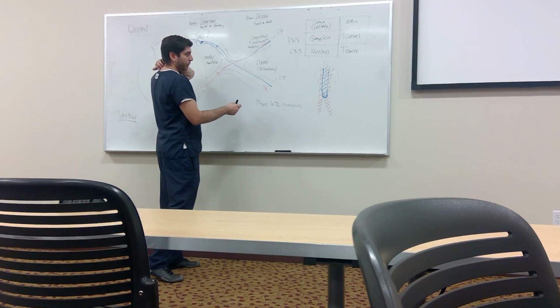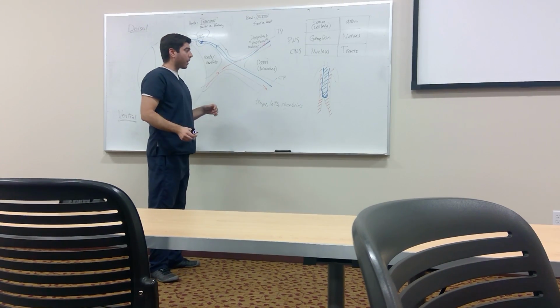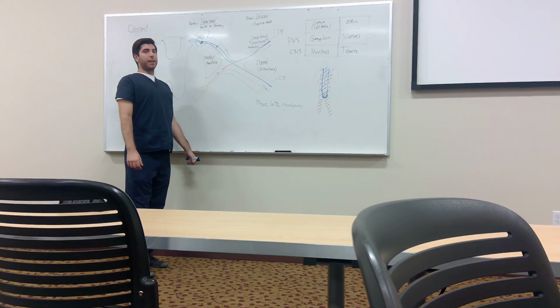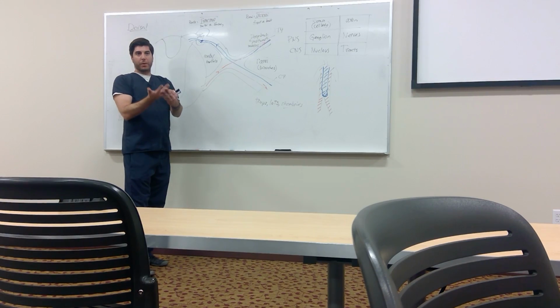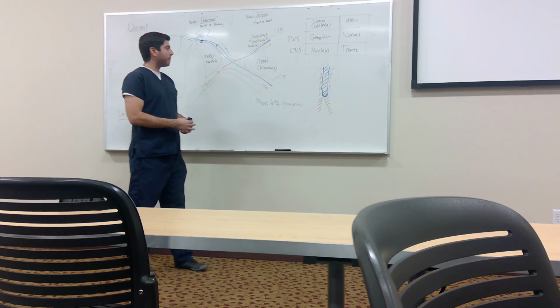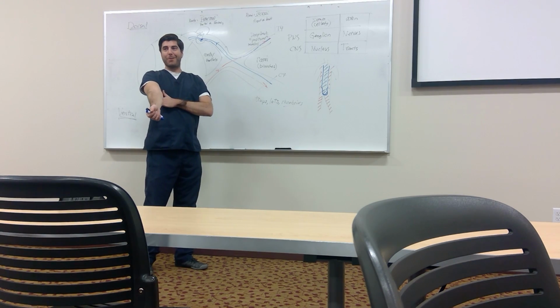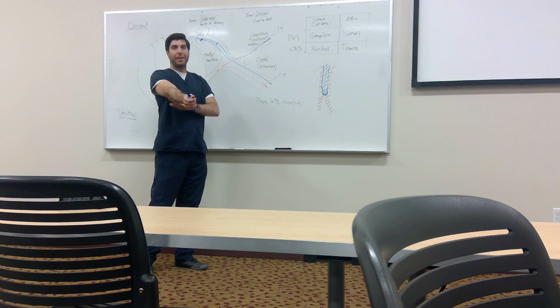We still have the dorsal, which would be here, but we don't have the ventral. But where does C7 go in the hand area? Middle finger towards the back of the arm. Would I be able to feel the back of my arm? No. Why not? Well, that's C7, it's still ventral because we're in the limb now.